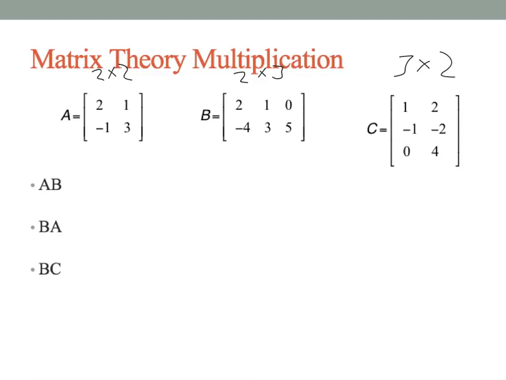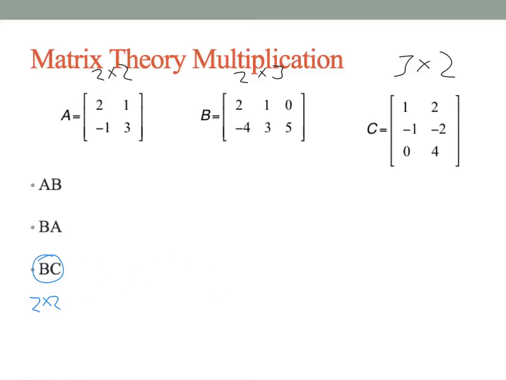Alright, so by lining those up, so now we're working with BC, we have a 2 by 3 and a 3 by 2. So this does work, and notice now the end, we need to get a 2 by 2 matrix as our answer. Okay, so keep that in mind as we're working this out.